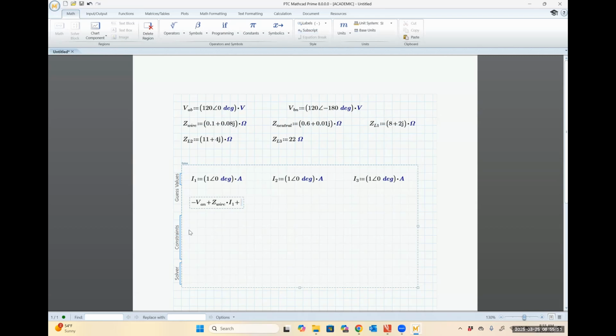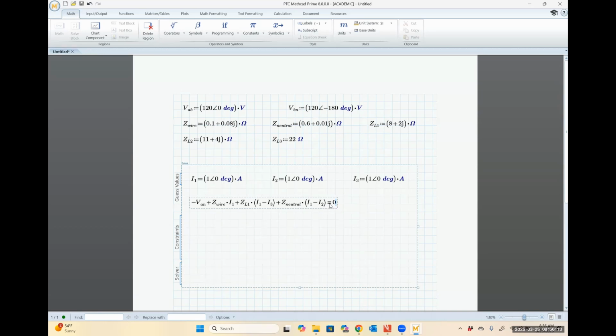Then my next term was ZL1 multiplied by I1 minus I3. Then I had Z neutral multiplied by I1 minus I2. And I'm going to do Control equal 0.